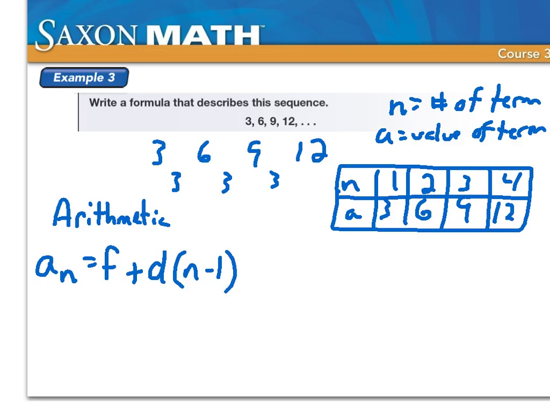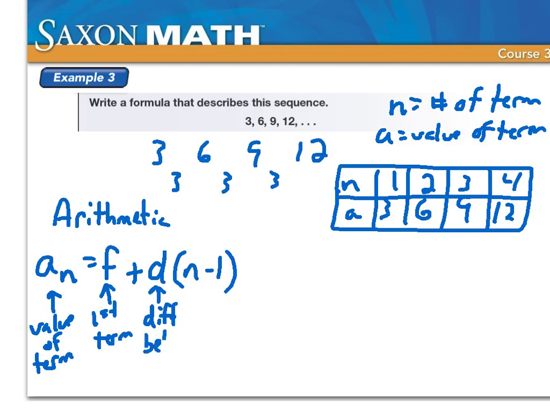Here's what that means: A sub N stands for the value of a term, F is the first term, D is the difference between terms, and N is the number of the term.